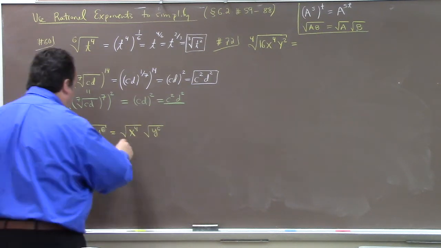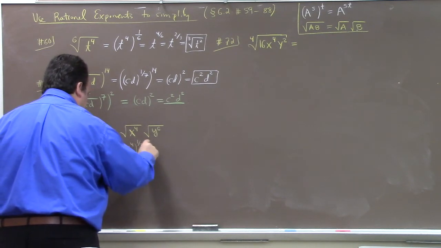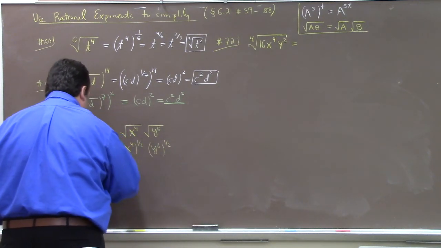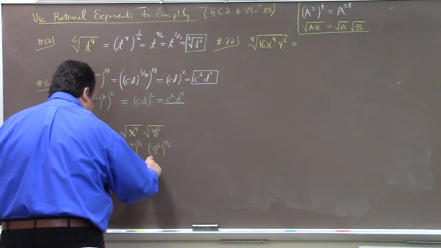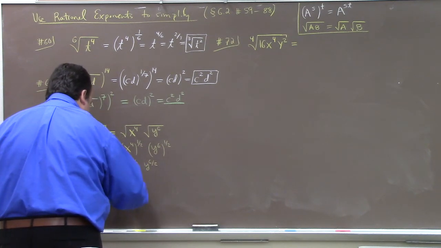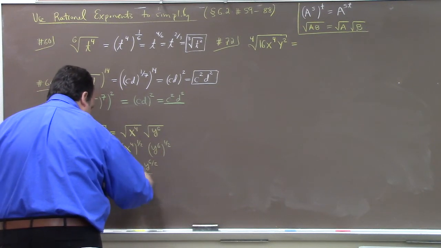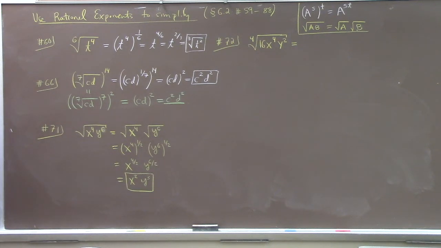That's the half power. So I have x to the 4th to the half power and y to the 6th to the half power, right? Which is x to the 4 over 2, y to the 6 over 2, also known as x squared, y cubed. So that simplifies to x squared, y cubed.